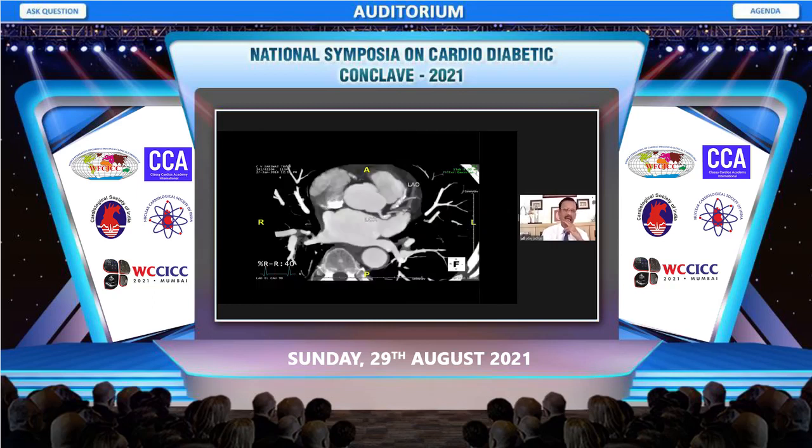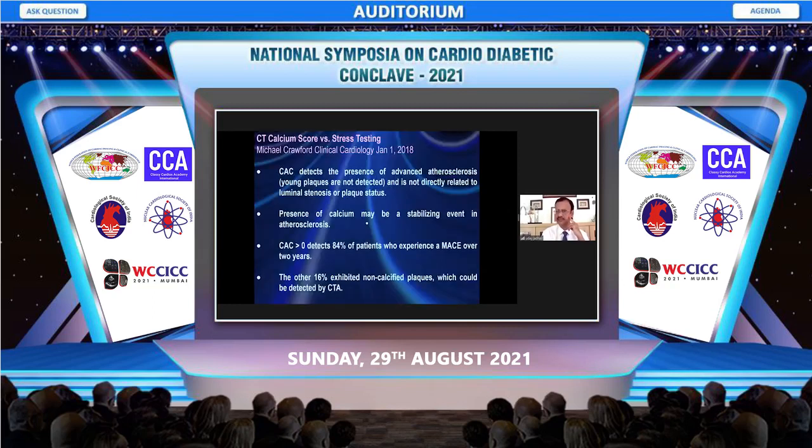And if you get this sort of calcium information, and let's say the calcium score is higher, we probably, as I showed in the first slide, need to change our paradigm and look at whether we utilize calcium as a predictor or a proof of atherosclerosis.